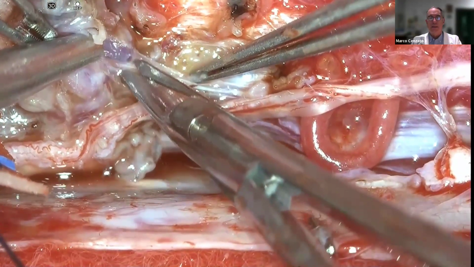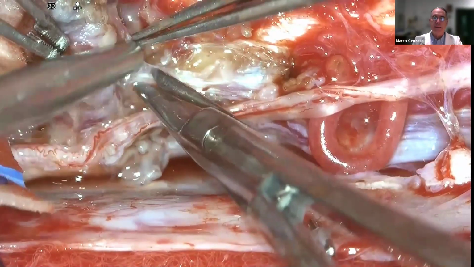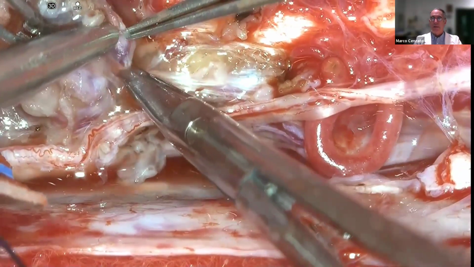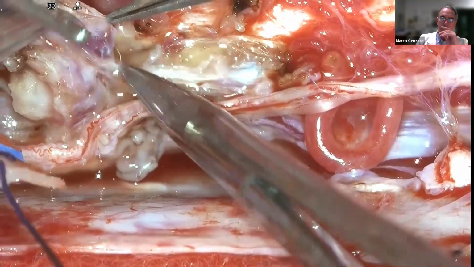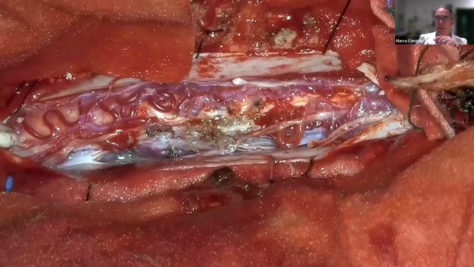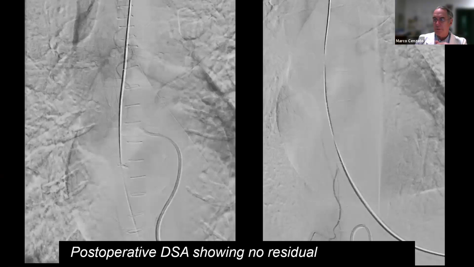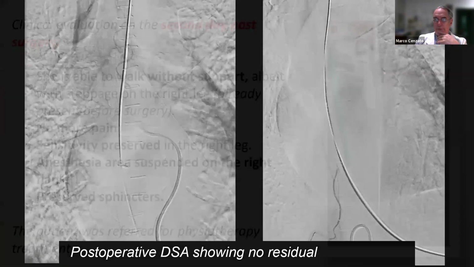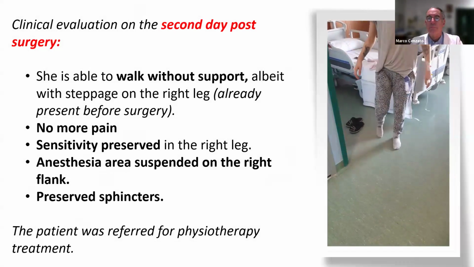Here you can take it out piecemeal, or you can coagulate some vessels, because the situation is much different. Of course, you have to check the spinal cord function, and this is at the end of the intervention, and this is the post-operative image showing no residual.